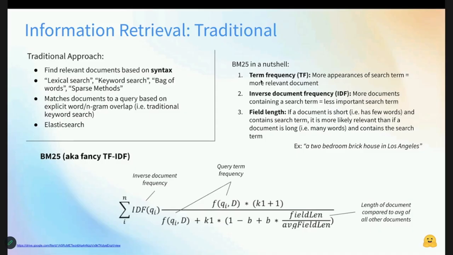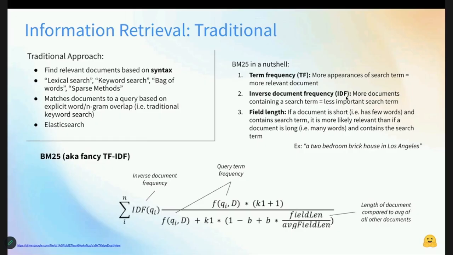But at a high level, there are three main components to BM25. The first is term frequency. So the idea is that the more times a term in the query appears in a document, the more relevant that document should be, which makes sense.